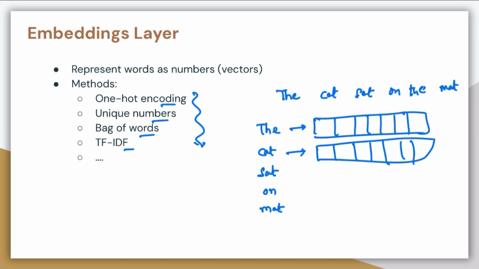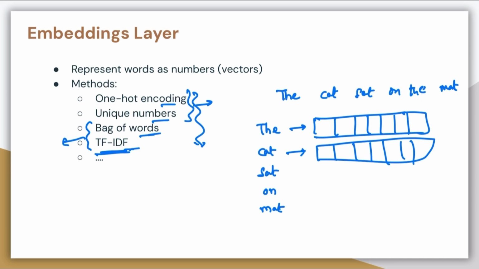This unique vector can be generated by one-hot encoding, unique numbers, bag of words, or TF-IDF. Bag of words or TF-IDF are the commonly used ones because one-hot encoding and unique numbers are not feasible methods. I'm not going into detail on these methods because they are very basic and out of scope for our discussion now.